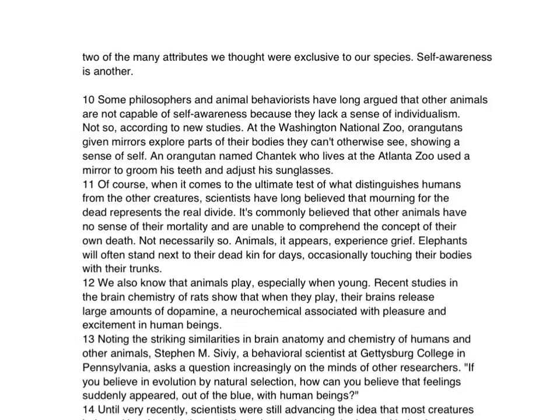Okay, picking up from the previous page, tool making and the development of sophisticated language skills are just two of the many attributes we thought were exclusive to our species. Self-awareness is another. Okay, so now we're going to talk about this idea of self-awareness among animals. And that's going to take us into the next section.